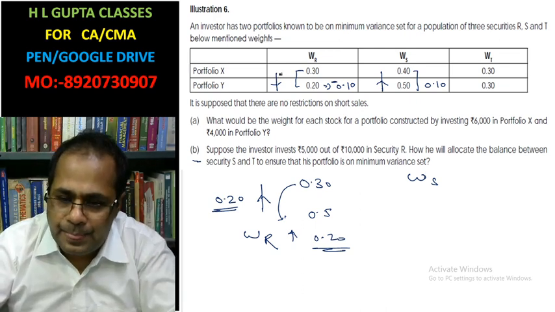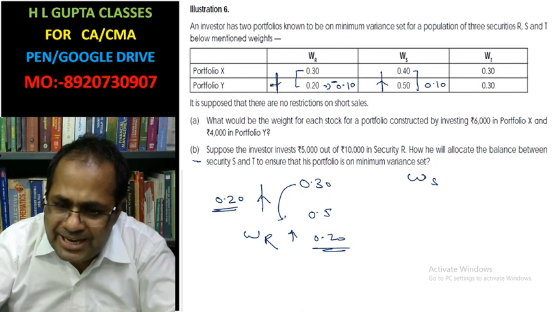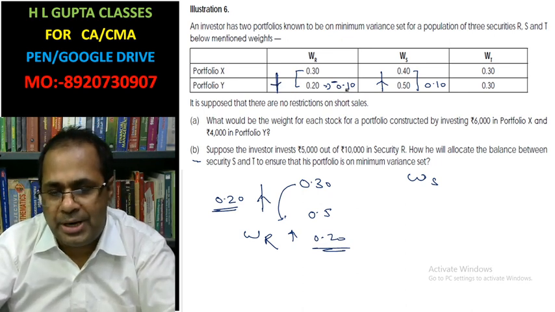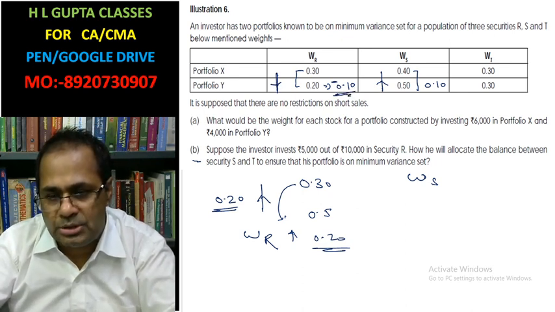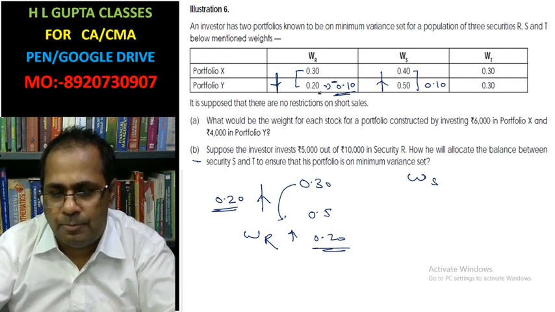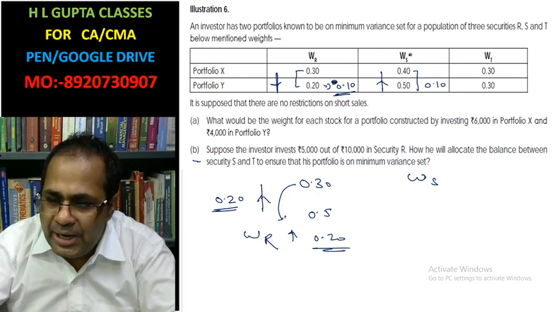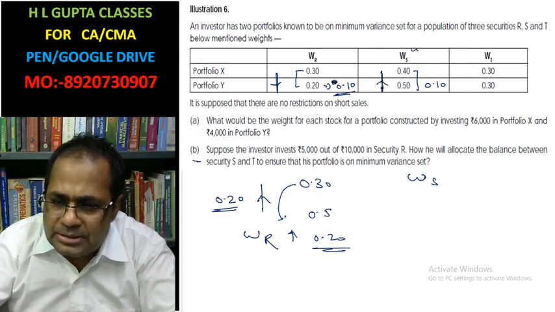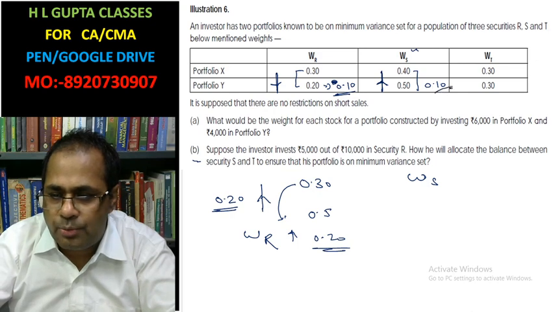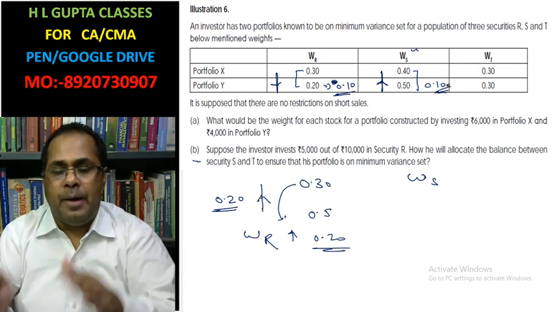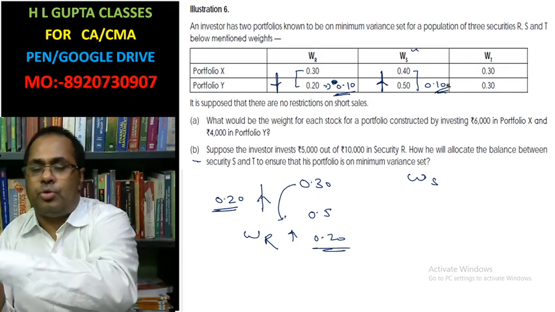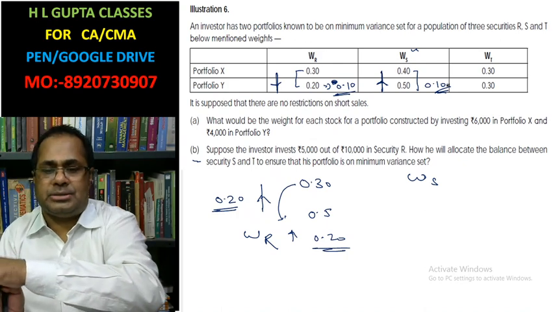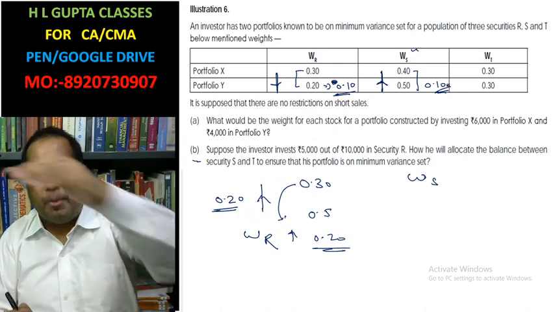When R is going to decrease by 0.10, then weight of S is going to increase by 0.10. By the same amount it is going in the opposite direction.